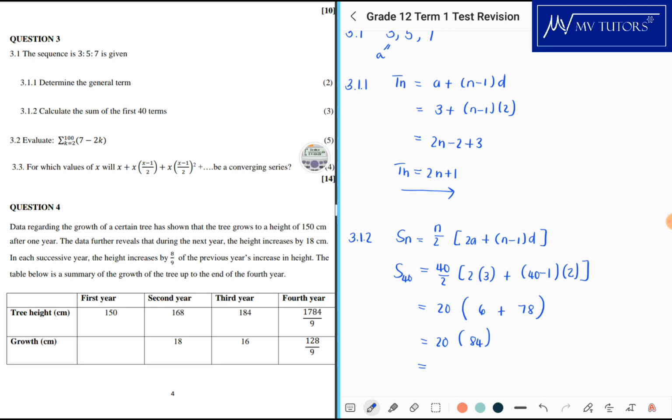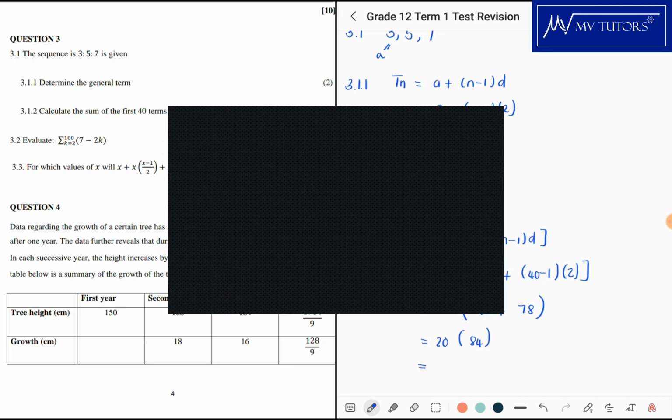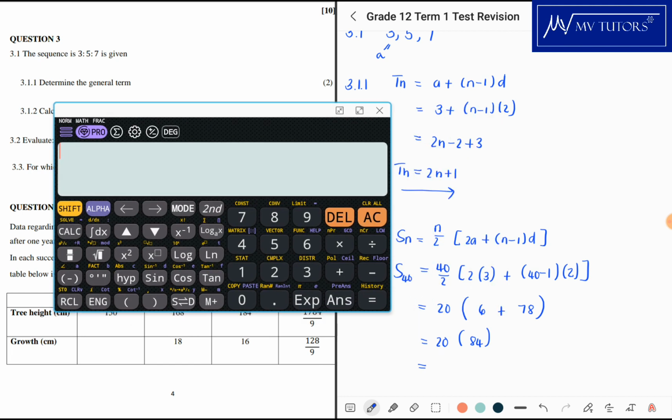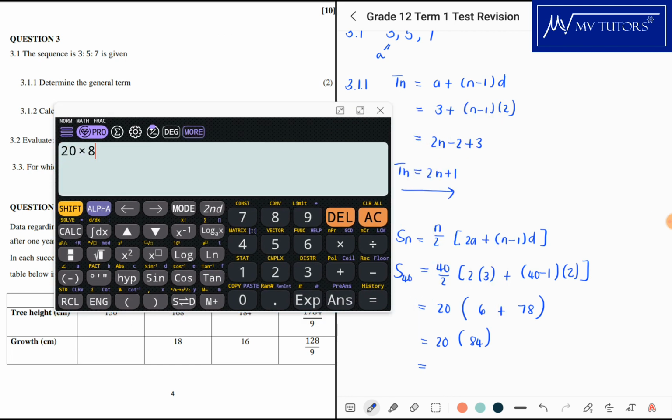Okay, let me grab my calculator. And yeah, what is 20 times 84? It's basically 1680. Like I said, in this step you can already put everything in the calculator just to avoid making silly mistakes.